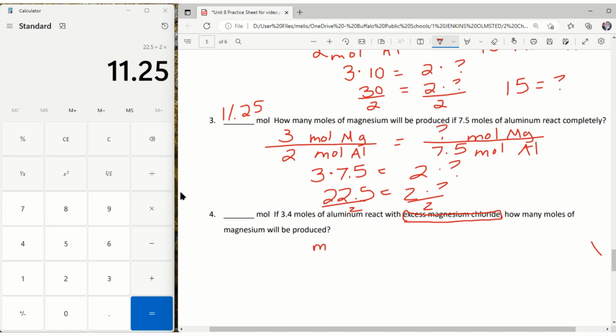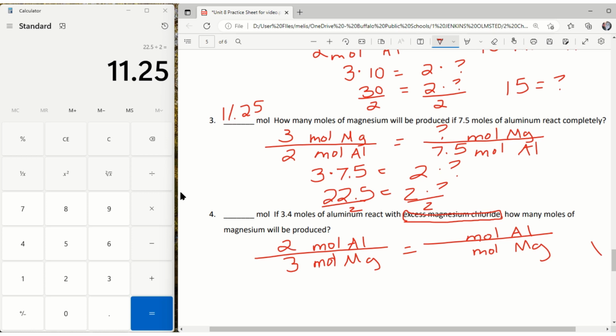So I have moles of aluminum and moles of magnesium, right? So it's going to have a ratio that's still moles of aluminum to moles of magnesium. In the equation, I already looked those up. I just have to be careful to put them in the right spot. It was 3 for magnesium and 2 for aluminum.